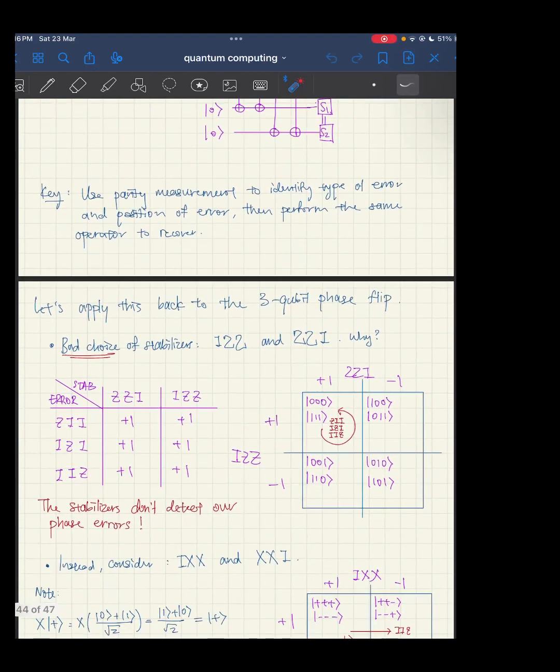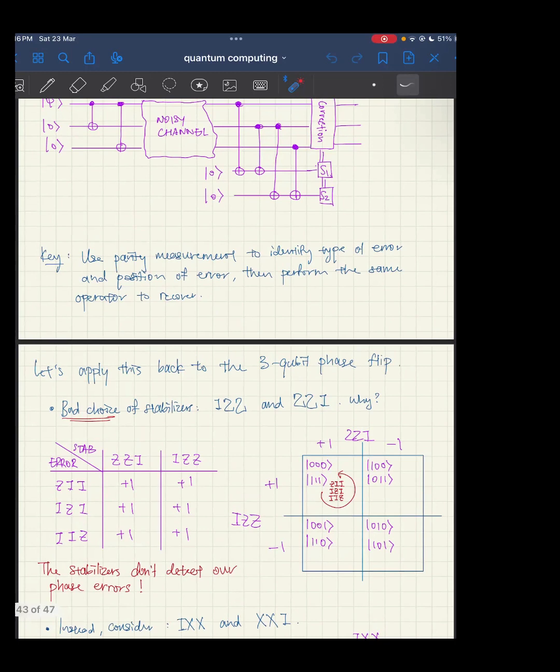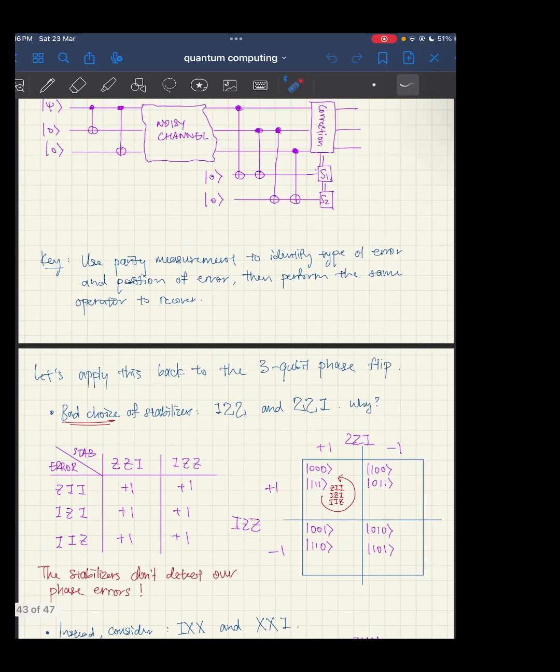So we can apply this to the 3-qubit phase flip. If we naively use the same stabilizers as previously, where we chose ZZI and IZZ, let's see what will happen. A single phase flip error is represented by a Z gate. So if we have a phase flip on the first qubit, it looks like this, ZII. And consider it with the ZZI stabilizer. We notice that, first of all, Z commutes with Z, since everything commutes with itself.